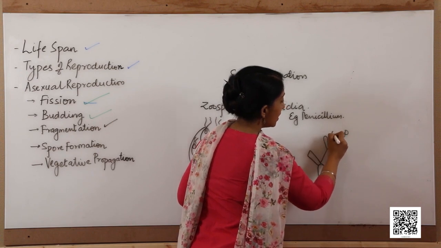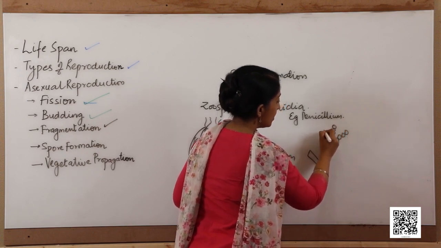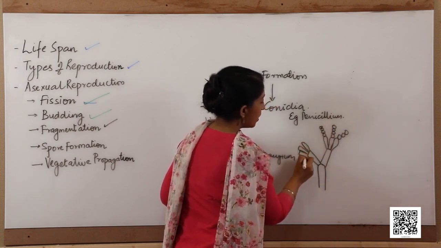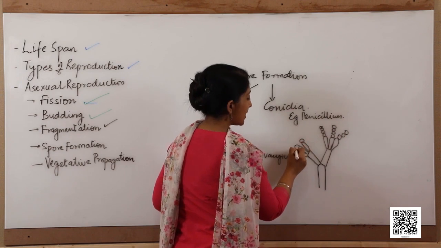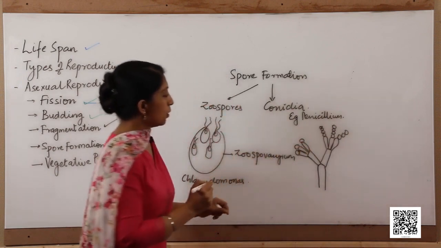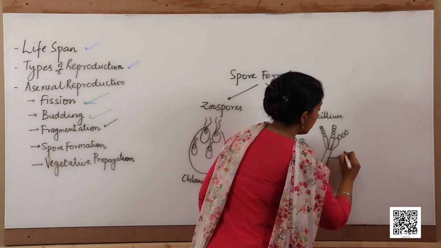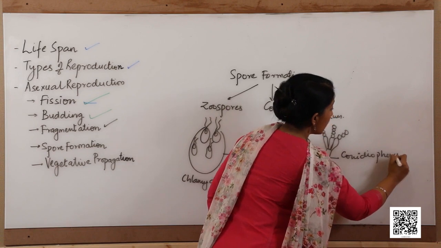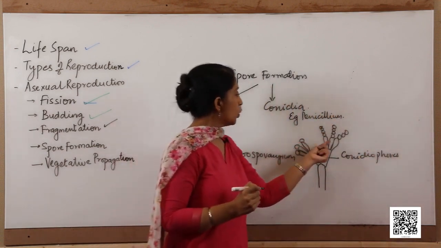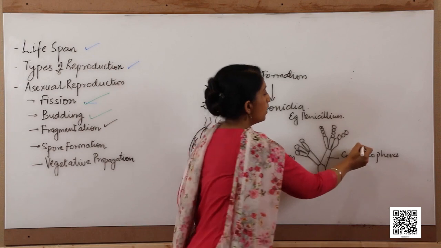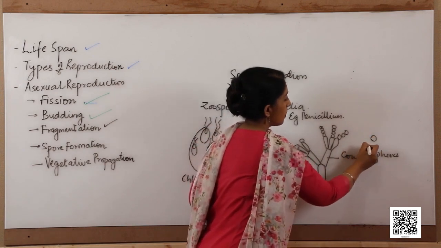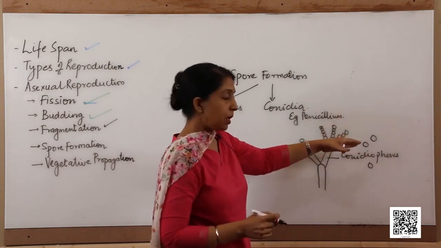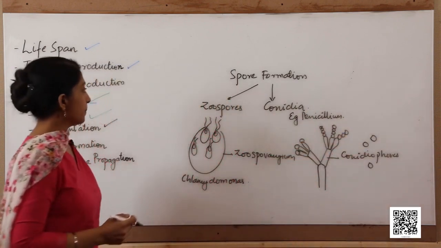In certain species, these conidia are formed in chains, and in some others, they can be formed terminal also and single also. So what happens is that the new conidia keep forming from here and the older ones are eliminated or drop off from the tip and give rise to a new organism.